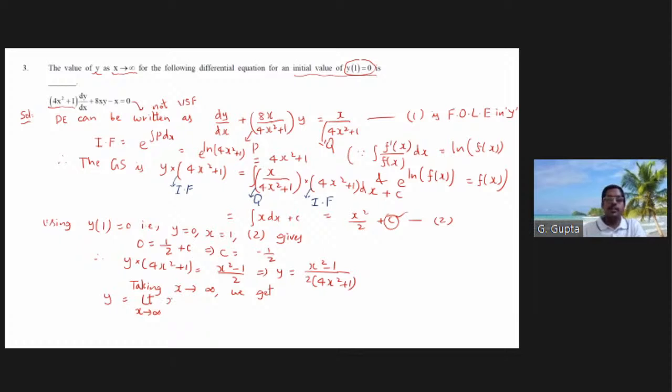Here the numerator's highest power of x is x square, take out 1 minus 1 by x square. The denominator also has x square highest, so 2 into x square into 4 plus 1 by x square. These two cancel. In the remaining terms, put x equal to infinity, 1 by infinity is 0. That is the purpose we convert into reciprocal terms. 2 into 4 plus 0, so this is 1 by 8. So the value of y is 1 by 8. Answer is 1 by 8.